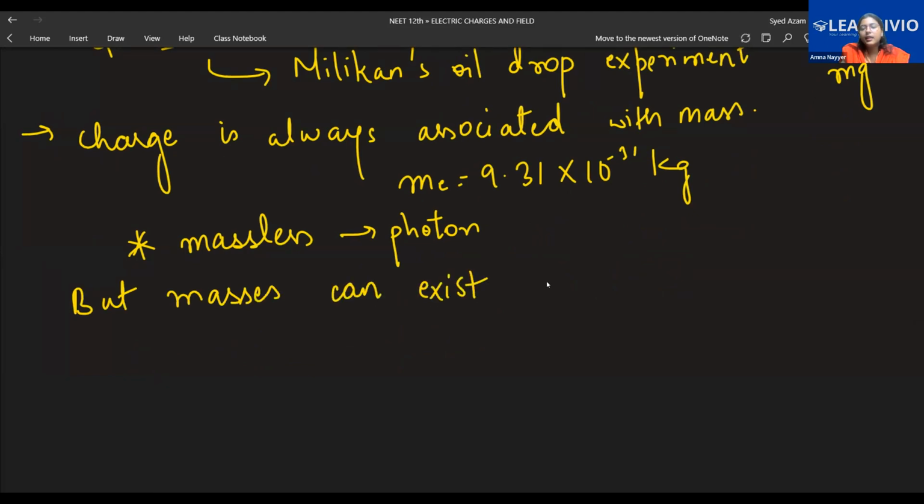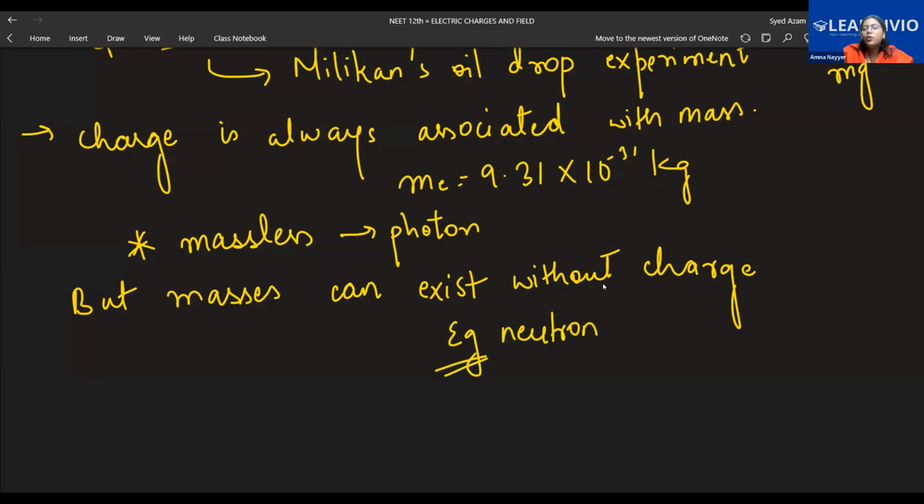Except for the photon, charge is always associated with mass, but masses can exist without a charge. Best example, neutron. Protons have plus e, electrons have minus e, but neutron has no charge, but still it has a mass.